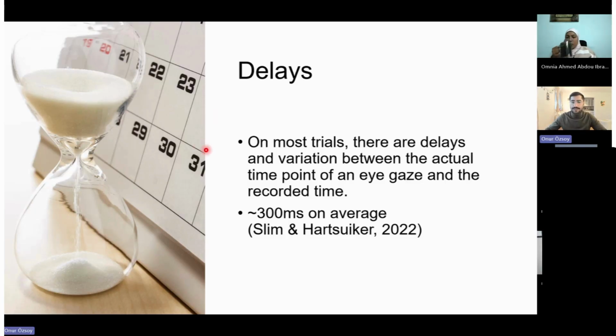But this is something you usually don't have to deal with in high-end eye trackers. It's something to be aware of, that there might be delays in the data. So let's say I'm looking at the letter D right now. There is a possibility that the eye tracker records it 300 milliseconds after my look, which is not a huge problem depending on your design, but it's something to be aware of.